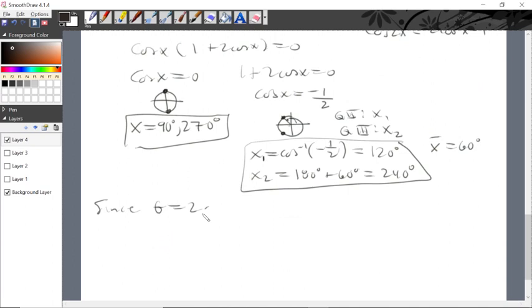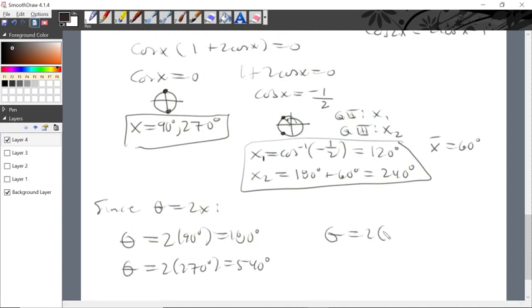since theta is equal to 2 times x, then we have theta equals 2 times 90 degrees, which is 180 degrees. We have theta is equal to 2 times 270 degrees, which is equal to 540 degrees. We have theta is equal to 2 times 120 degrees. That gives us 240 degrees. And we have theta is equal to 2 times 240 degrees, which gives us 480 degrees.